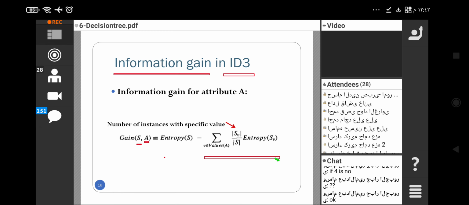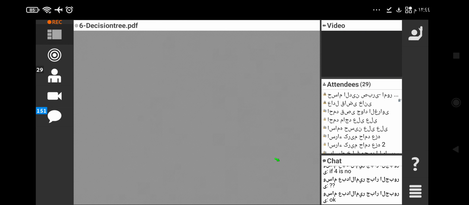Okay, so we calculate the entropy of the data, and then we calculate the entropy of the attribute, and the result is the gain of the attribute. Okay, so how do we calculate the information gain for an attribute? This is the formula. Let's have an example about it.